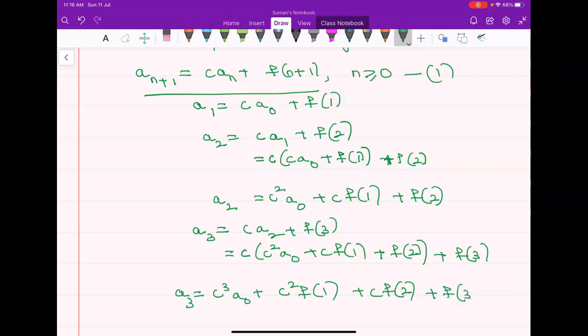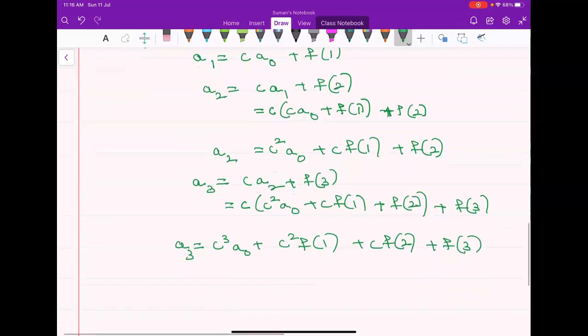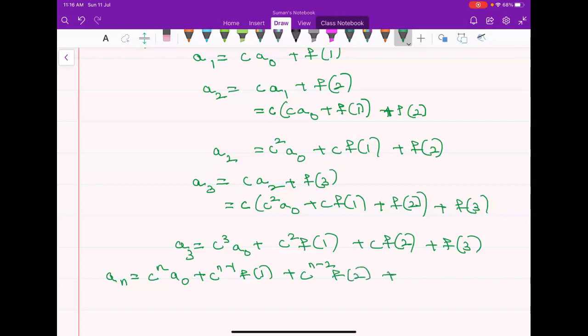And recursively, if we continue like this, we get a_n equal to c raised to n a0 plus c raised to n minus 1 f of 1 plus c raised to n minus 2 f of 2, and you go on up to f of n.